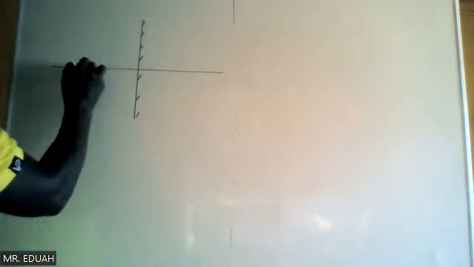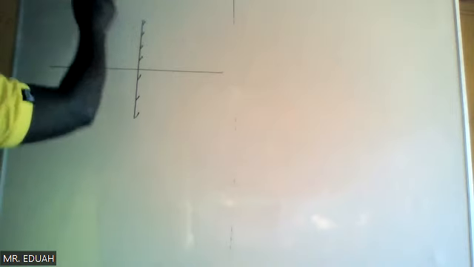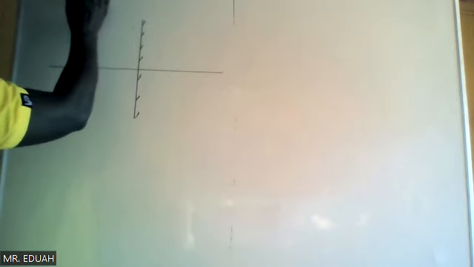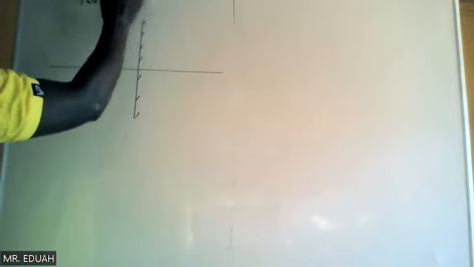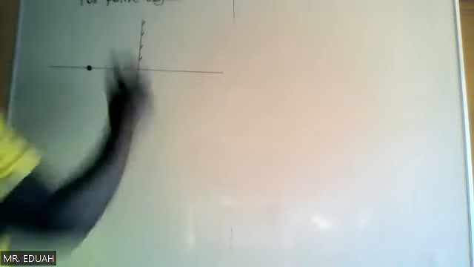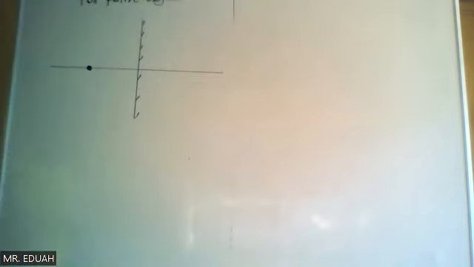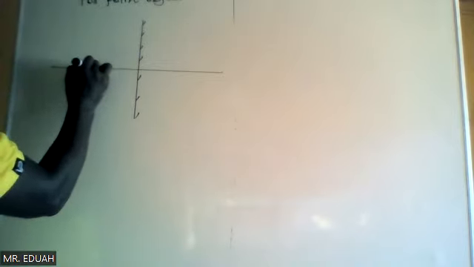And let's look at it for point objects. For point objects, the object looks like a point or dot. It has no head, no tail.